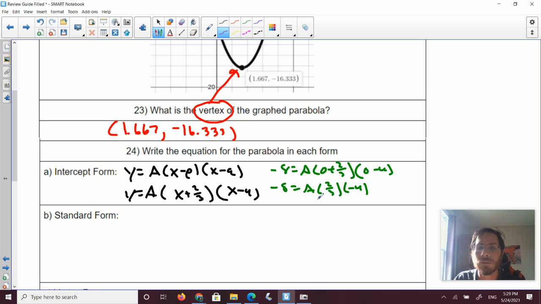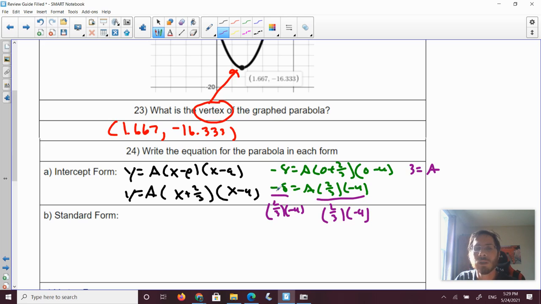So if I do this, if I divide this by 2/3 and by negative 4, and you might think it's weird that I'm doing this in this step and not actually finding out what 2/3 times negative 4 is, but I want to do that because mentally it's going to be easy, because negative 8 and this 2 and this negative 4 would all cancel, and 1 over 1/3 is just going to give us 3 for a.